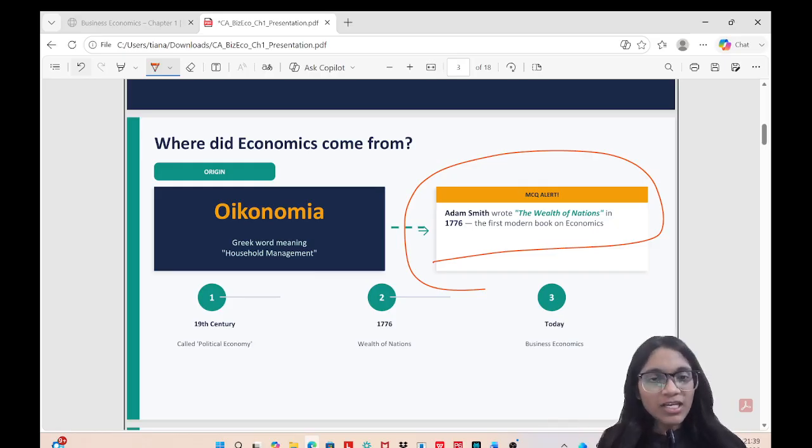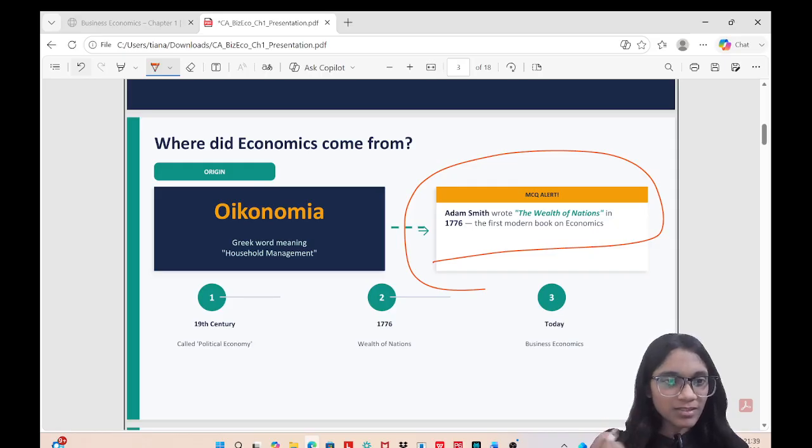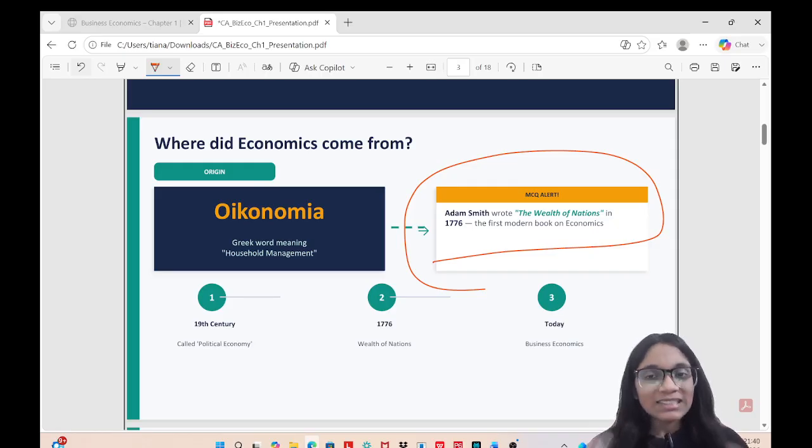Any idea? People used to think gold and silver were the wealth in real terms. But Adam Smith changed the ideology. What did he write in his book in 1776? He said, wealth is what a country produces. That idea changed everything. Got it?